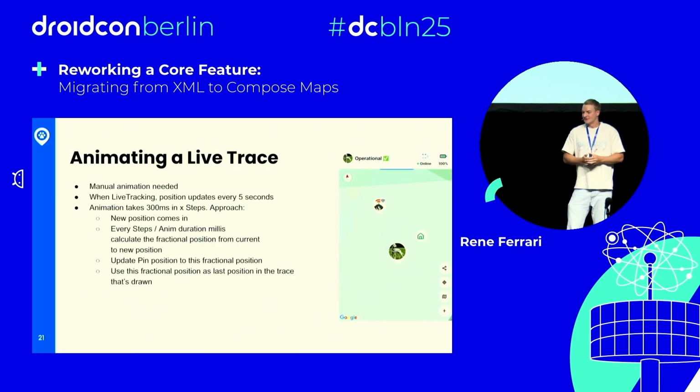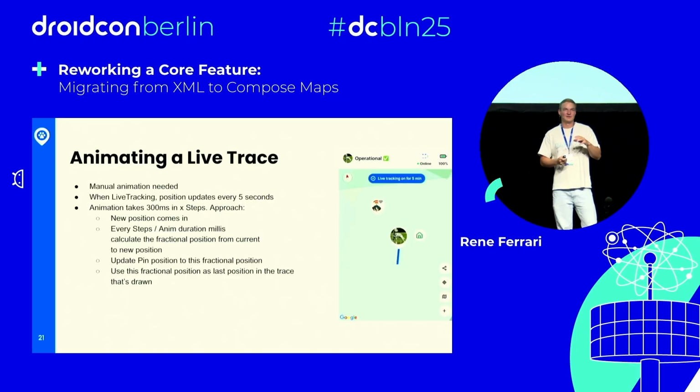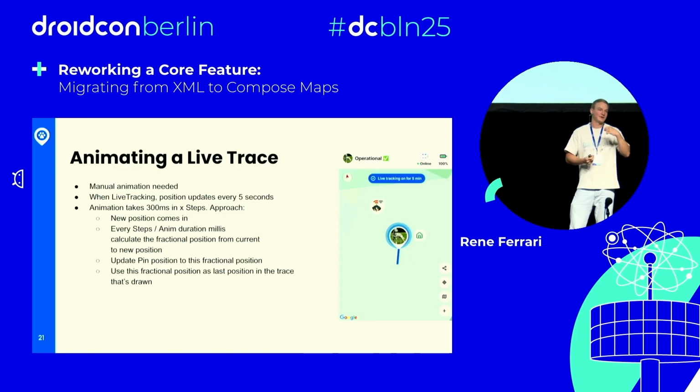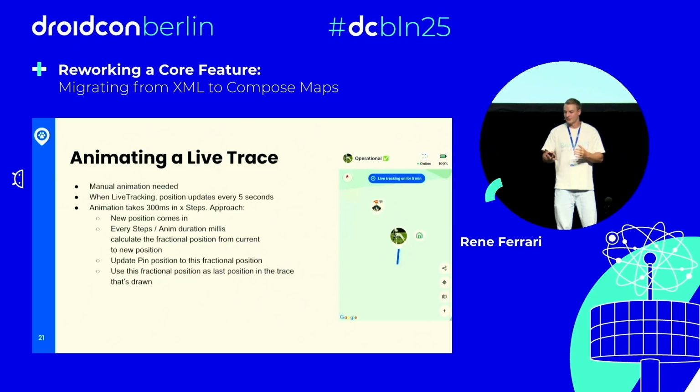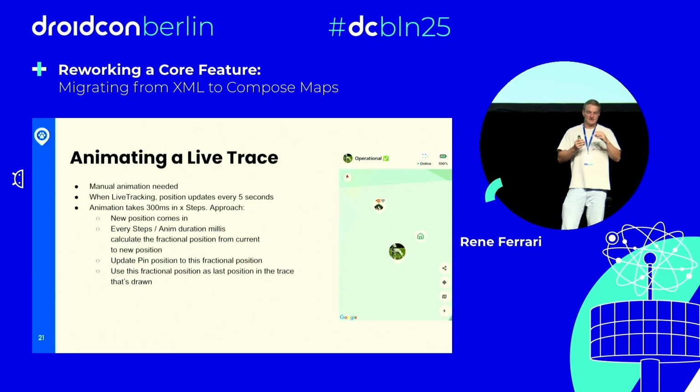Then animating the live trace was trickier, or I would say even trickier for me at least, compared to the animation on the marker itself. What I ended up with: if you start live tracking, you get a position update every 5 seconds. I know my new position and my last old position, and I run the animation, in my example, for 300 milliseconds, and calculate steps in between those two positions, basically calculating the fractional next position towards my target position.